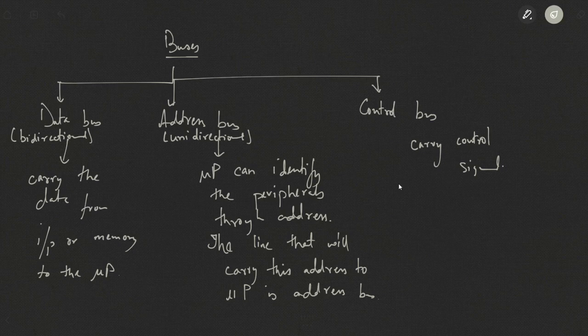We have discussed various terminologies associated with the microprocessor, starting with simple size-related terminologies: bit, byte, buffers, inverters, tri-state buffers, tri-state inverters. We have talked about the different types of buses associated with the microprocessor: data bus, address bus, control bus. We will relate all these things to the 8085 later on. So that's all for today.